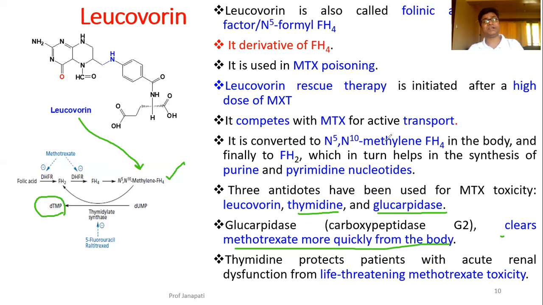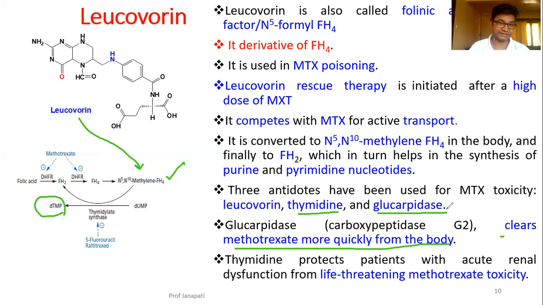So these are the three drugs given in the toxic effects of methotrexate: leucovorin, glucarpidase and thymidine. Glucarpidase acts by conjugating, just like phase 2 metabolism. It conjugates with methotrexate and leaves the body by urine, and thymidine protects from kidney damage.